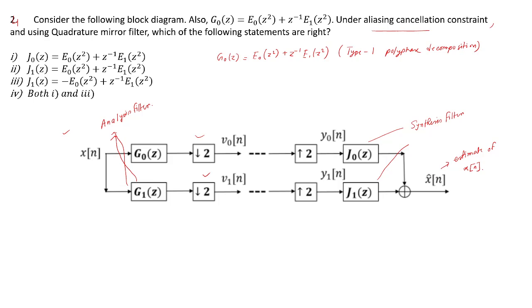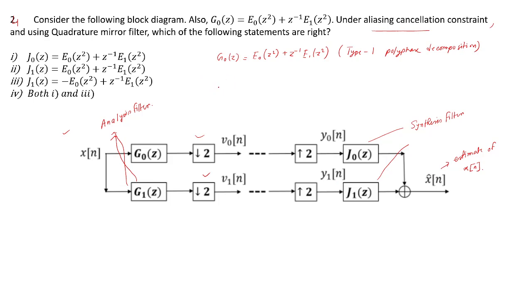So let us write down the information we have in hand. We send this signal x[n] through these analysis filters, perform processing operations, and these two branch outputs are fed to synthesis filters J0(z) and J1(z), and their outputs are combined to get an estimate of the original signal x[n].